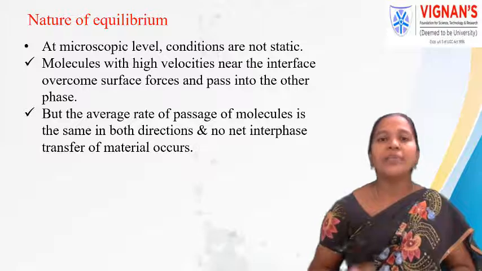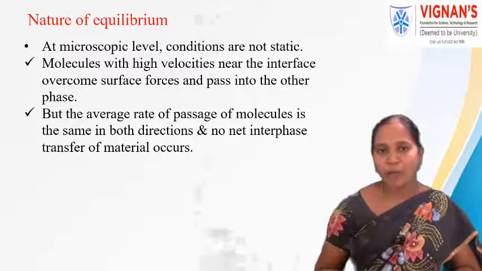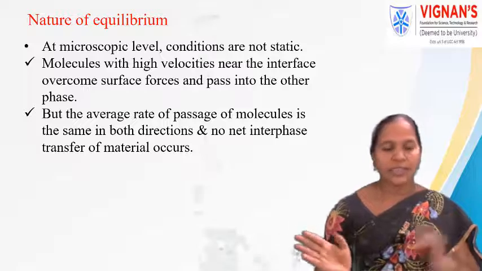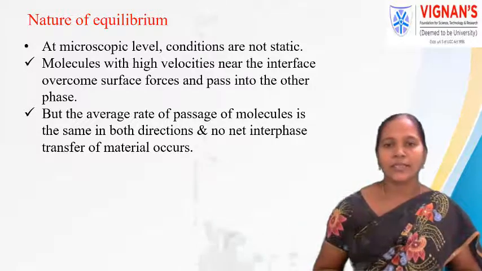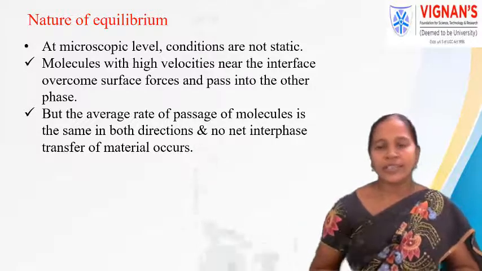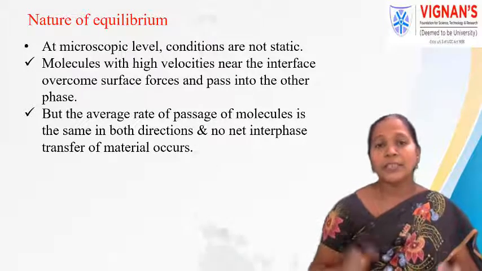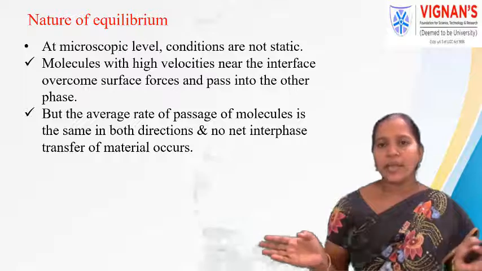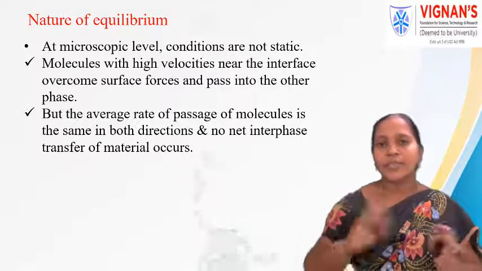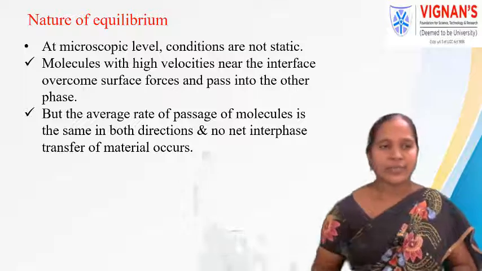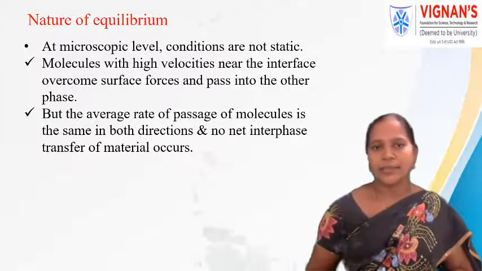But the average rate of passage of molecules is the same in both directions. And no net interface transfer of material occurs. That means both directions are the same, so the difference is negligible. So no net interface transfer of material occurs.